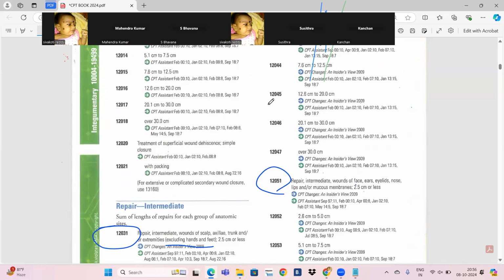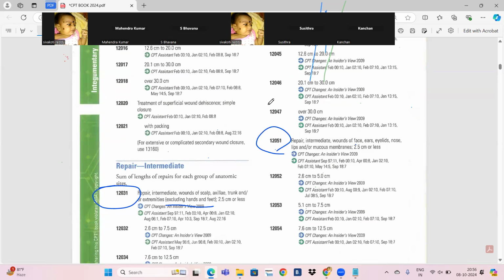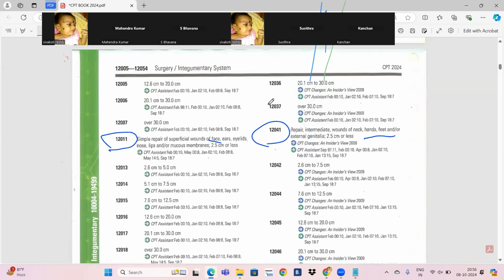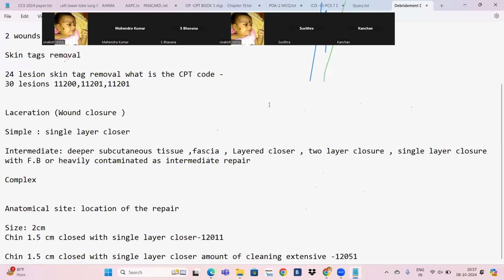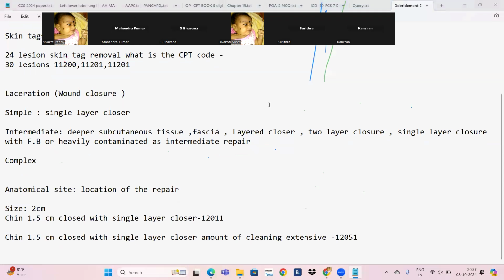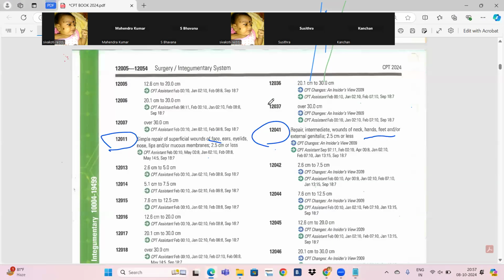Here they mentioned clearly, excluding hands. That's why, don't confuse, okay? So 12041, then 12002 along with the 59 modifier. Clear?